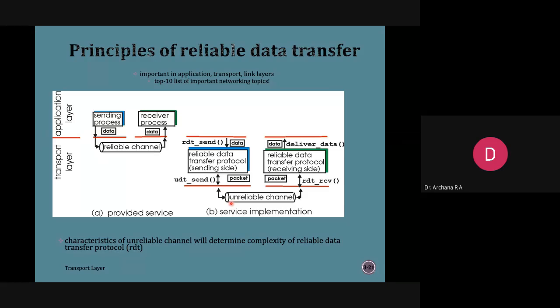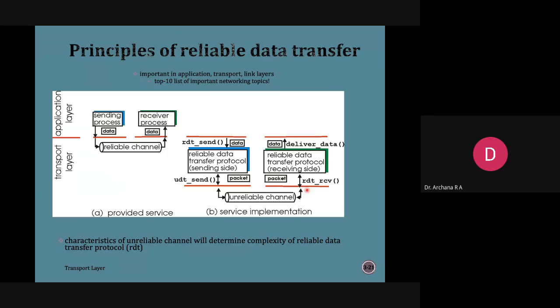In the lower layers we can't say the data is reliable, because only TCP is reliable at the transport layer. In the layers below we can't say it is reliable, since you are sending through the unreliable channel. So UDT send indicates sending the packet through the unreliable channel.